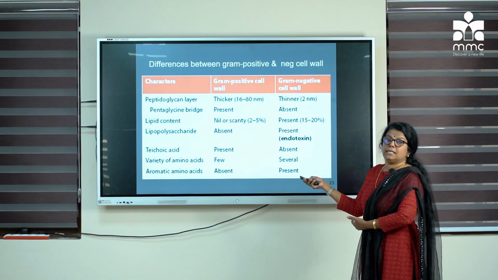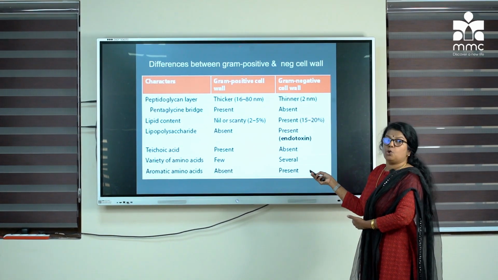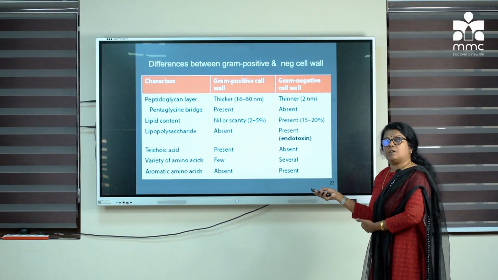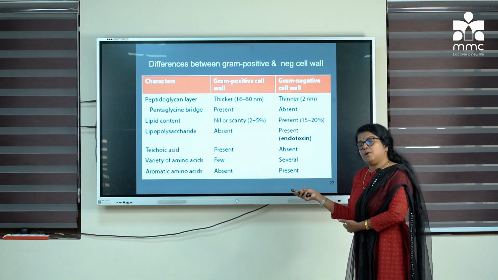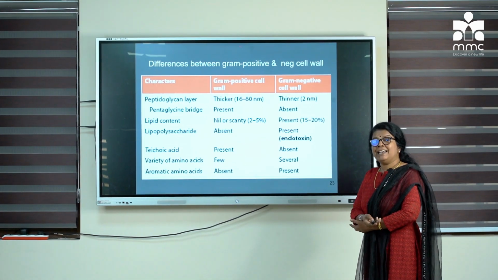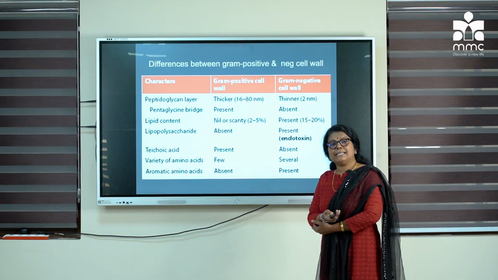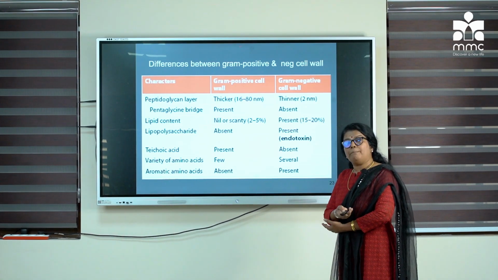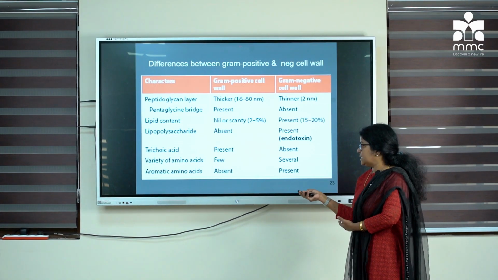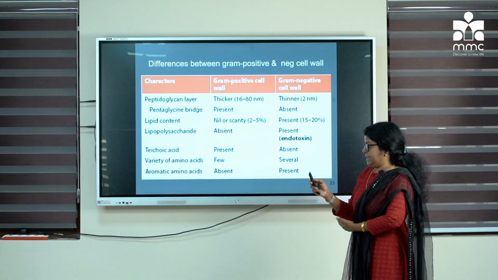The lipid content is more in gram-negative, whereas it is nil or scanty in the gram-positive cell. Lipopolysaccharide is also absent in the gram-positive cell wall. Teichoic acid is present in the gram-positive cell wall. Even though the gram-negative cell wall is thinner, it is more complex because it has a variety of amino acids and proteins. So these differences are very important.